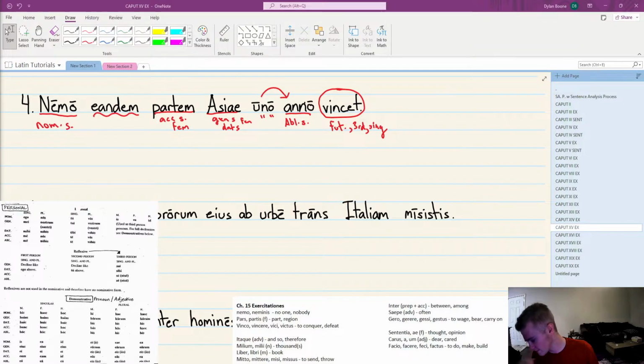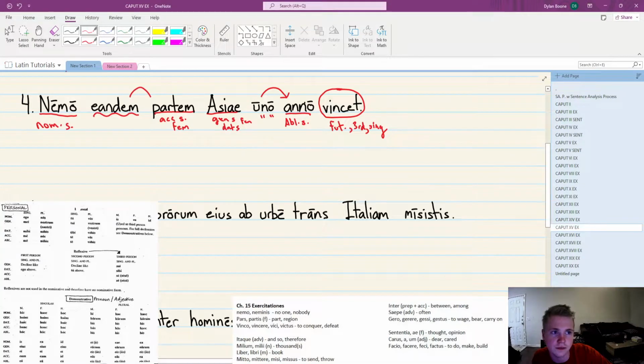You should see that we find eam. And actually, is it eam or is it eum? Yeah, it's eam. Okay. So we see eam. That is an accusative singular. Eam dem. So we're talking about the same, the very same. So it's kind of linked with partem.